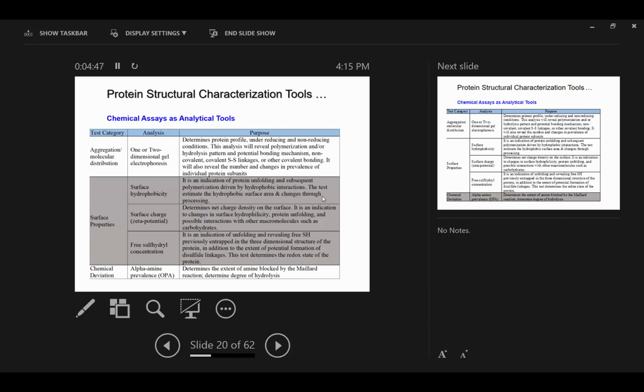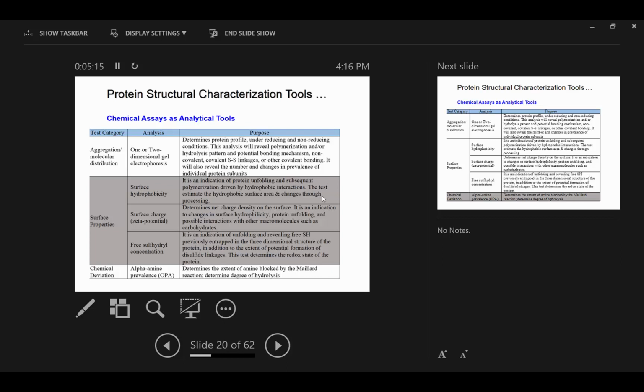So you can measure that either by a chemical assay, or you can measure that using Zeta Sizer, an instrument that allows you to measure the charge density on the protein as well as size. That's why it's called Zeta Sizer. So it's a direct measure of hydrophilicity and charge and how that impacts certain functionalities.